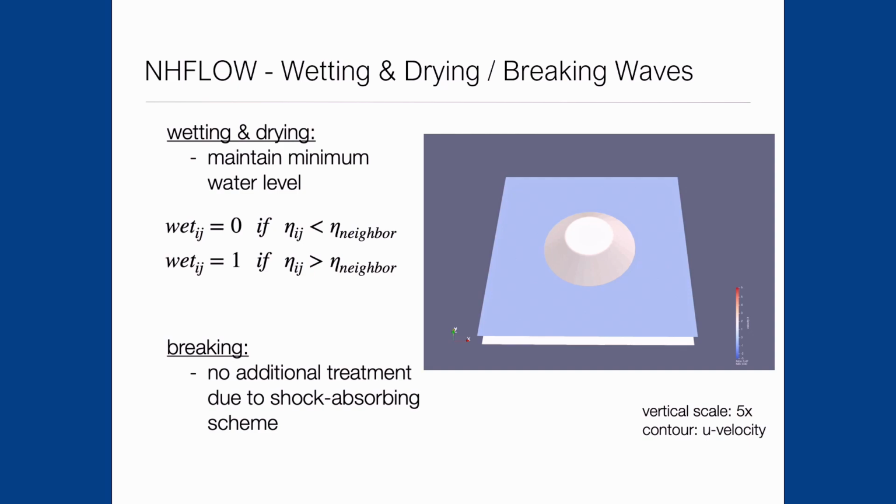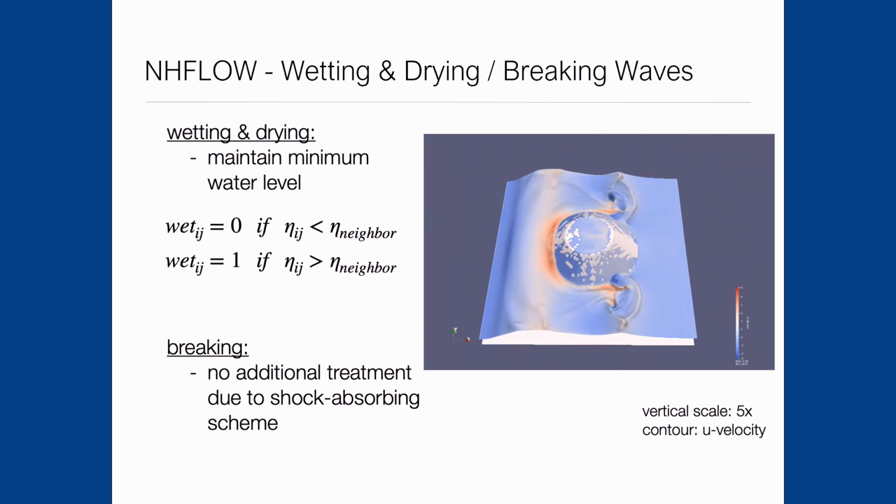And then coming to the wetting and drying dynamics, so we want to be able to model waves that are running up and down the shore. And I made a small test case to show the properties of this model. You can see this is a conical island. It's scaled up by 5 times to make it a bit more visible. So we are just generating some waves.